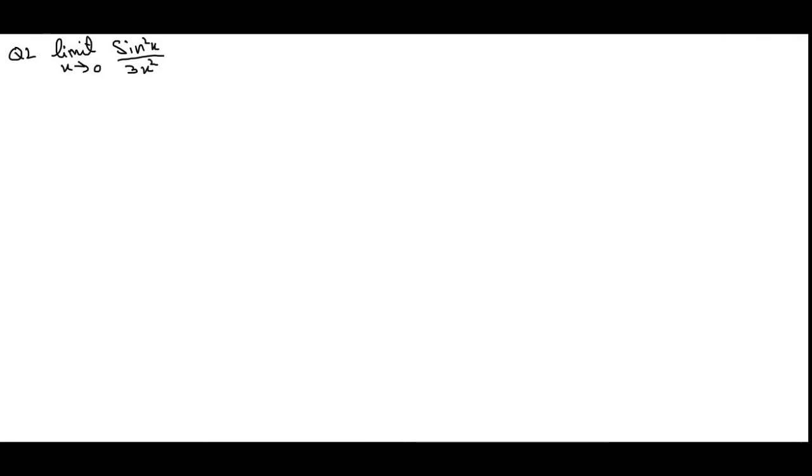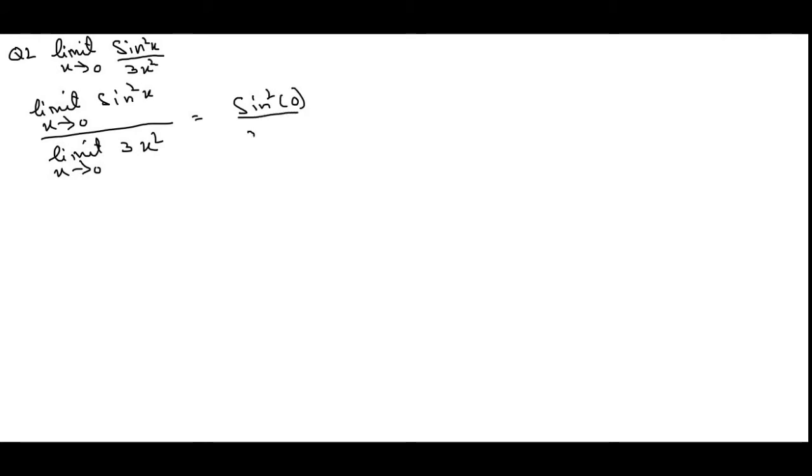Now question number 2, limit x approaches to 0 sin square x divided by 3x square. Again check for the existence of the limit. Limit x approaches to 0 sin square x whole divided by limit x approaches to 0 3x square, and again sin square 0 over 3 times 0 whole square.